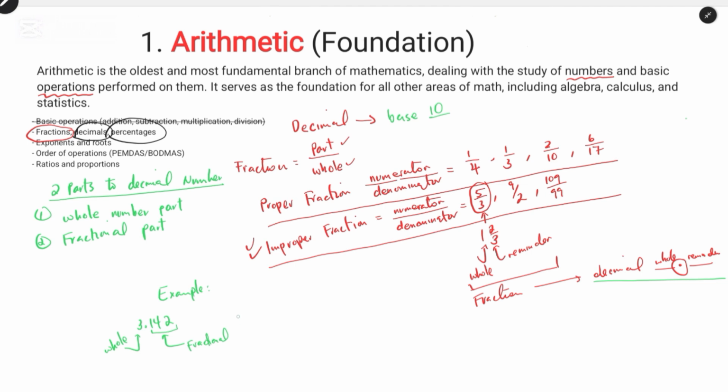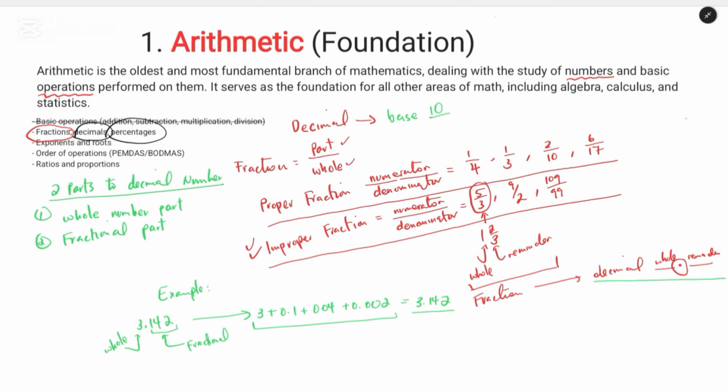To represent this in terms of the place value of a decimal number, we can have 3 plus 0.1 plus 0.04 plus 0.002. When we add them all together, it gives us 3.142. And this is important for you to identify the place value of a decimal number.